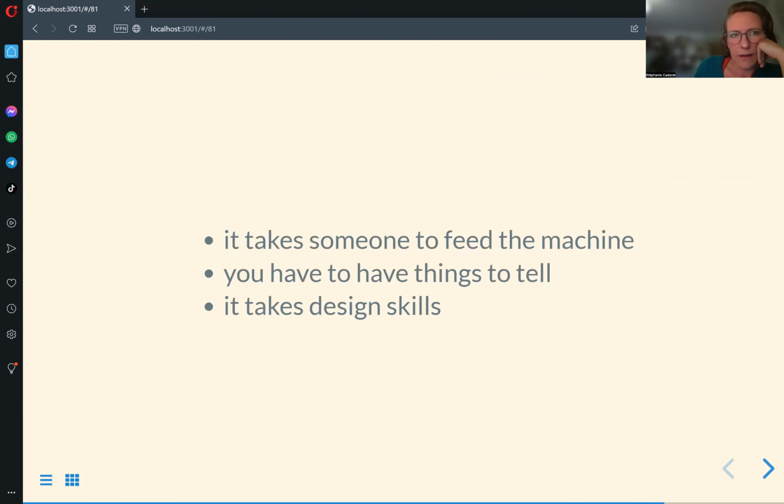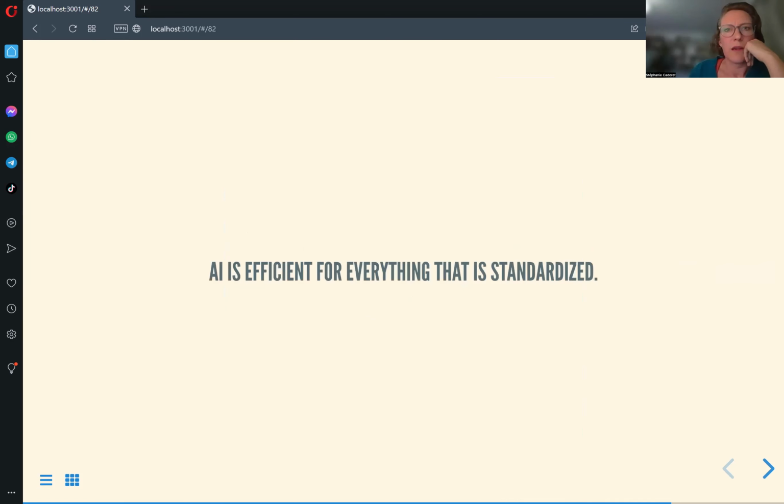It does take someone to feed the machine. You have to have things to tell, and it takes design skill. Everything related to sensitivity and interpretation does not seem to be in danger yet. AI struggles to transfer emotion into visual and or textual forms and to produce metaphors that support those interpretative interventions. So AI is efficient for everything that is standardized.